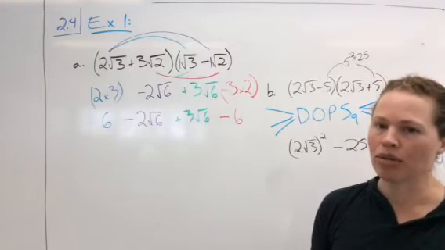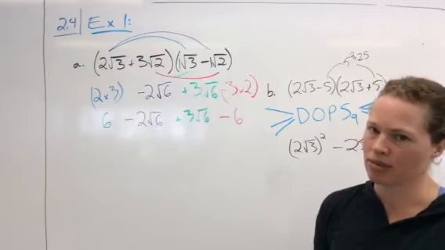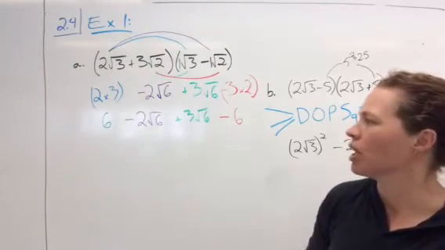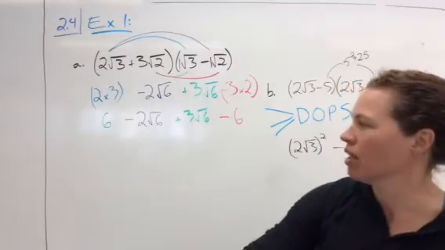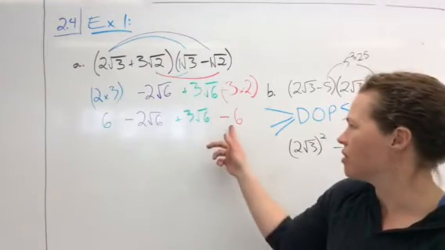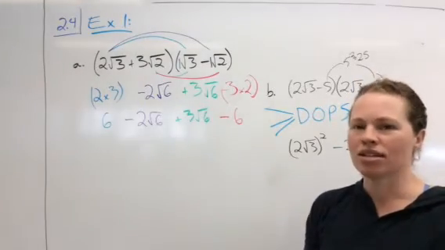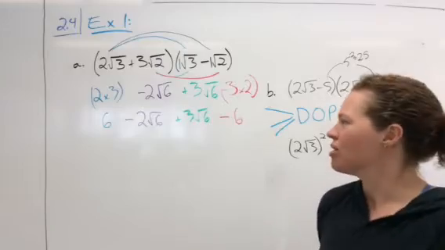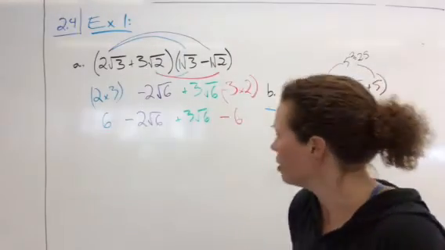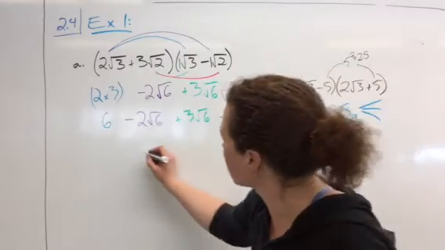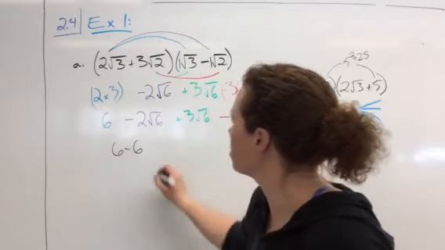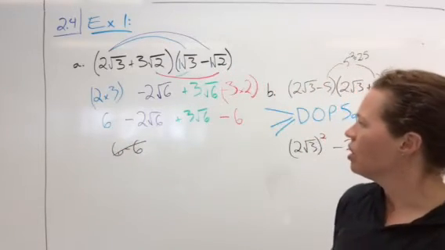Now we're on to the part where we collect our like terms and simplify. So I'm going to look at the 6 and go, is there any other numbers available? Yeah, there is. There's a negative 6. Oh, wait, 6 and negative 6 cancel out. So those are gone. So I can just draw a little circle. Actually, if you want, I can write 6 minus 6, and then they're gone.